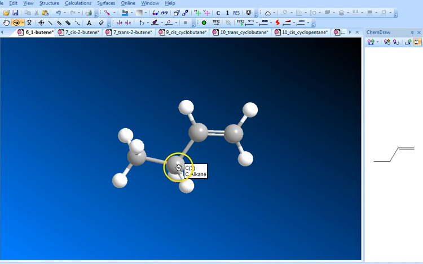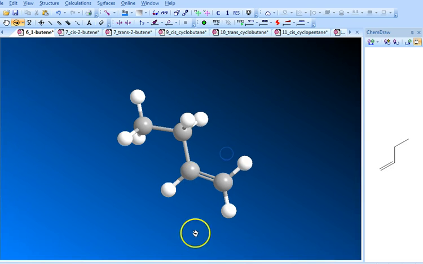Here there is only one group that has a different priority, and these three hydrogens have the same priority. So it doesn't matter if this group is on this side or if you put it on this side. Just imagine you take this ethyl group from this side and replace it with hydrogen. You basically get this scenario.